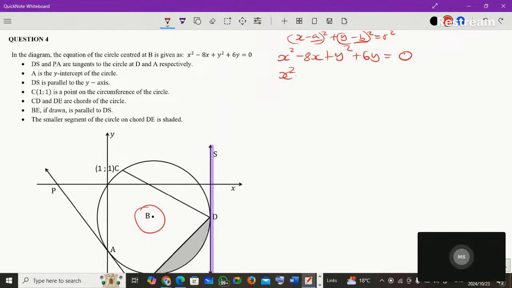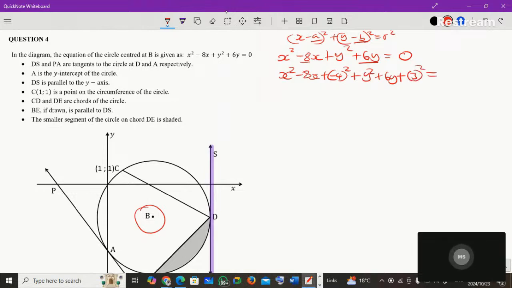So we have x squared minus 8x, plus half of the coefficient of negative 8x, which is negative 4, squared. Then for y we do the same: y squared plus 6y, plus half of 6, which is positive 3, squared.